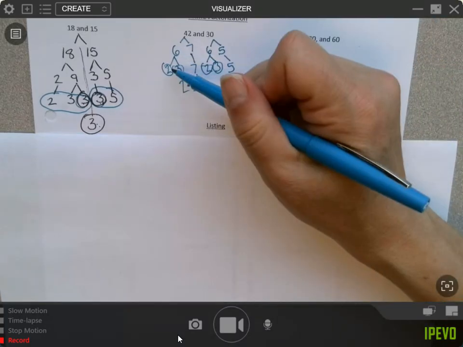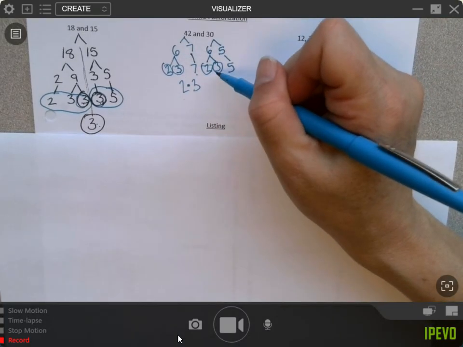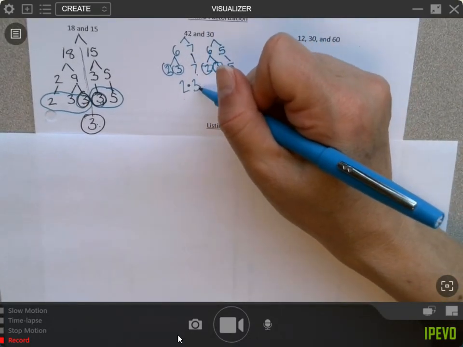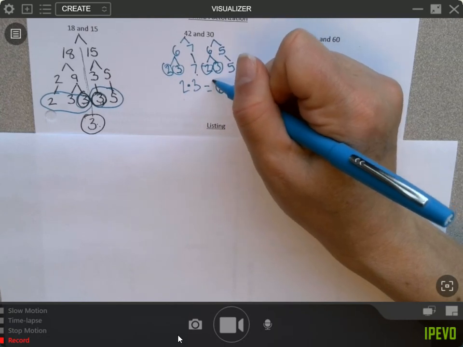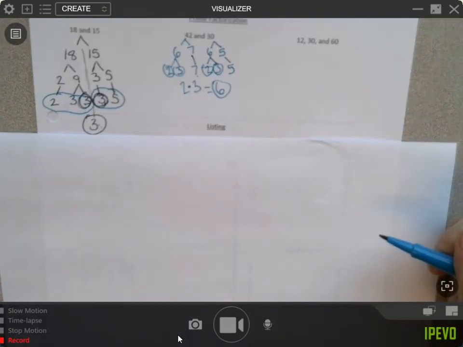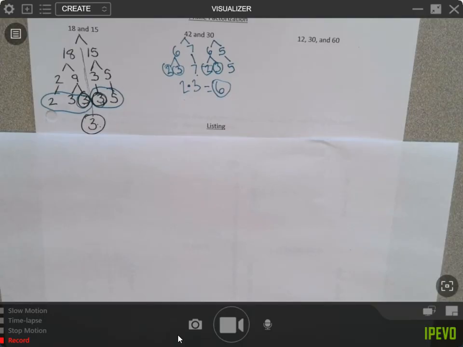So any primes that they share, I multiply together. So the greatest common factor that 42 and 30 share is 6. They share the 2 and they share the 3. So I have to multiply those 2 primes together to get my 6 when I use prime factorization.